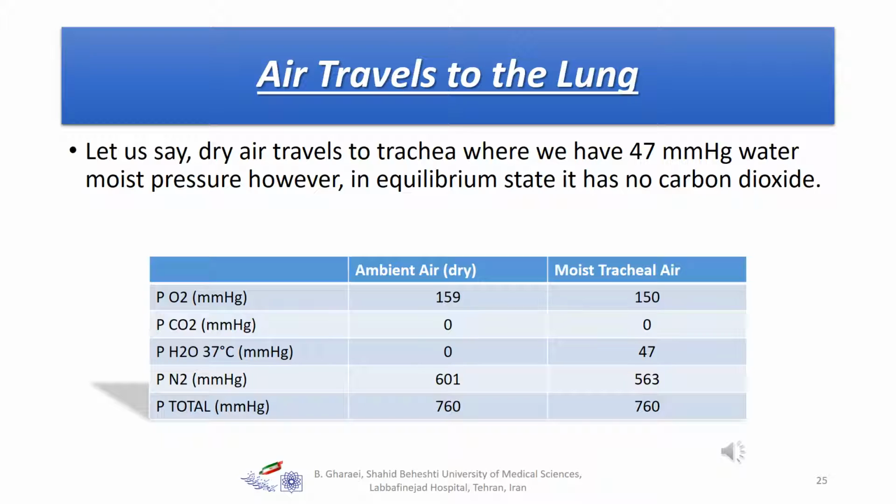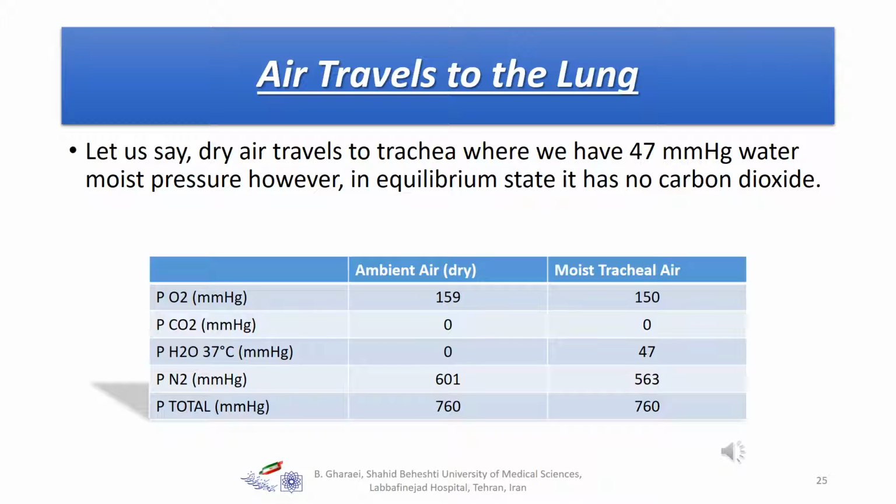But at moist tracheal air pressure, we will have different partial pressure for the same components. As you can see and you can calculate, we have 47 millimeters of mercury water moisture in the trachea.